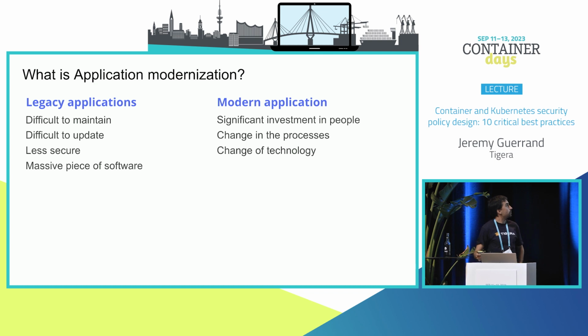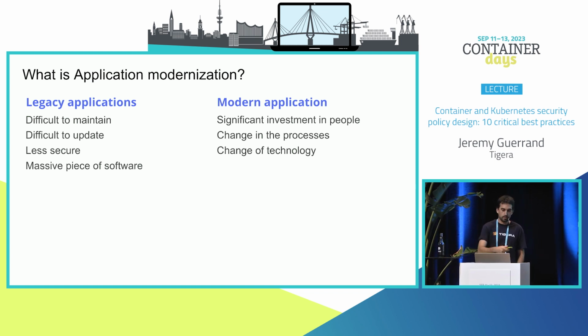Legacy applications were difficult to maintain and update, less secure, and massive pieces of software. What does it mean? In terms of maintenance, we always had an operating system and maybe physical servers.